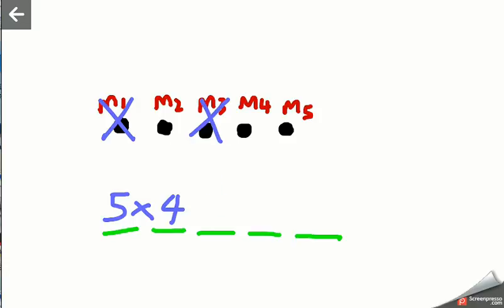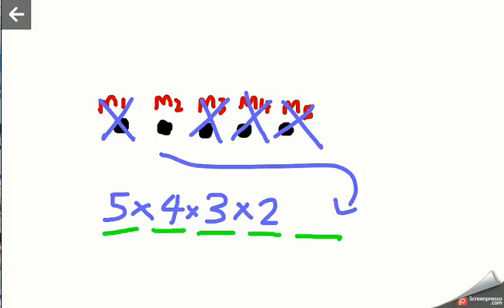Let's suppose we stuck marble 5 there. Finally, we've got 2 different choices for the 4th position, marble 2 or marble 4. So for each of those 5 times 4 times 3 choices, we have another 2. And finally, we've only got one choice for the last one.